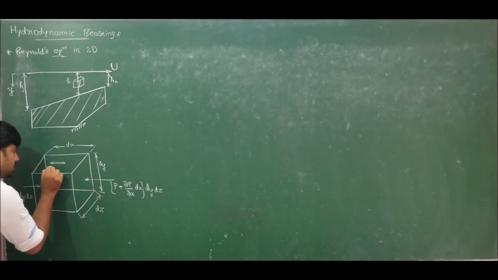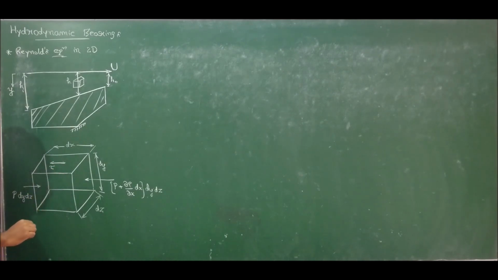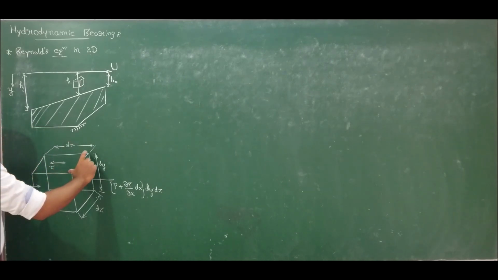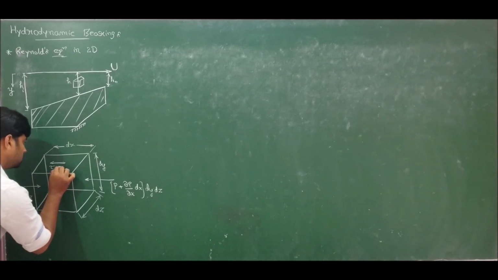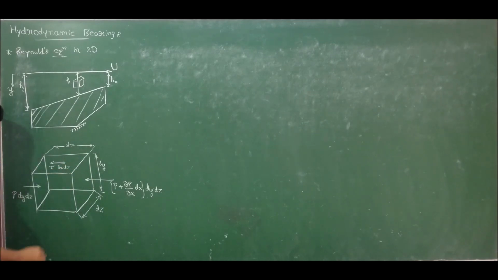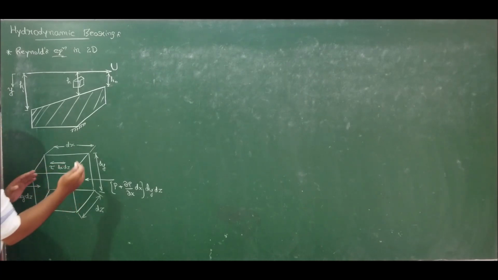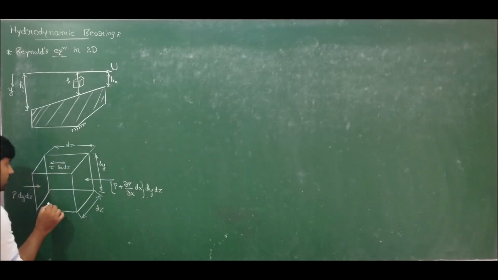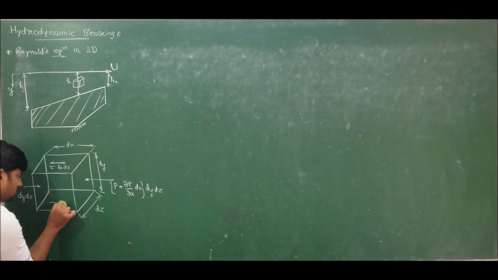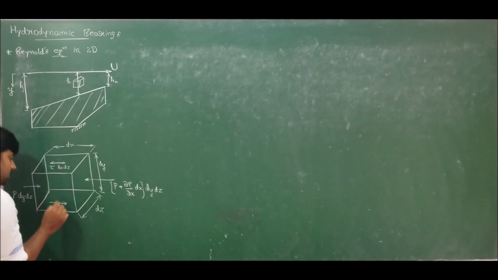How much is the shear stress? Let us take the shear stress as tau. And what is the area? This length is dx and this length is dz. So it is dx dz. Since here it is acting from right to left, here it will be from left to right. So there will be a change in stress.